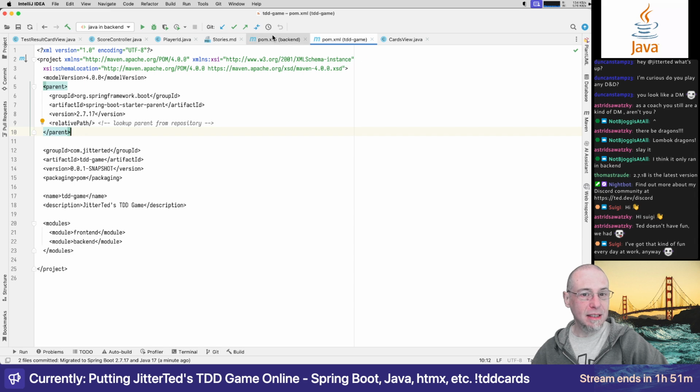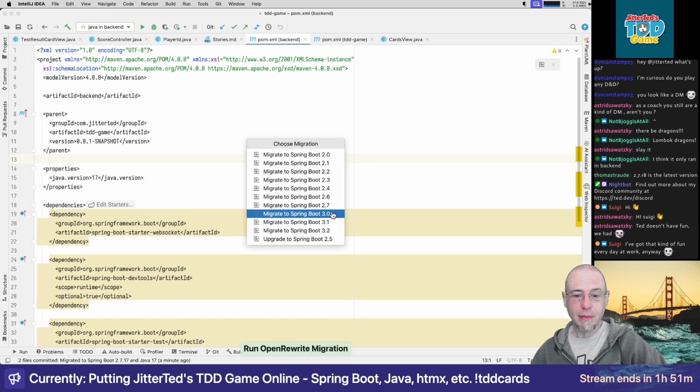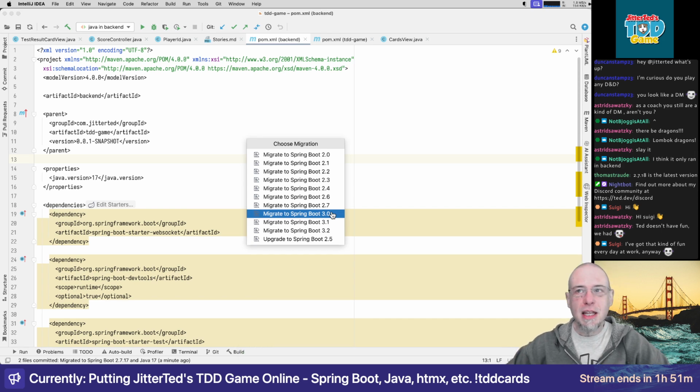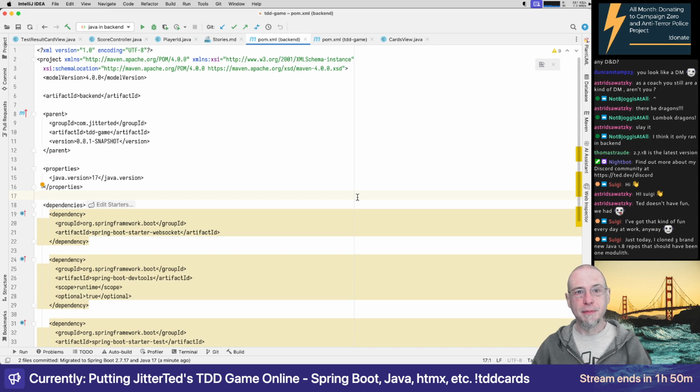I guess we'll go ahead and migrate now to 3. The other thing is I'd like to be able to run this with some options, because one of the things I don't want it to do is remove my autowired. So we're going to run this manually.